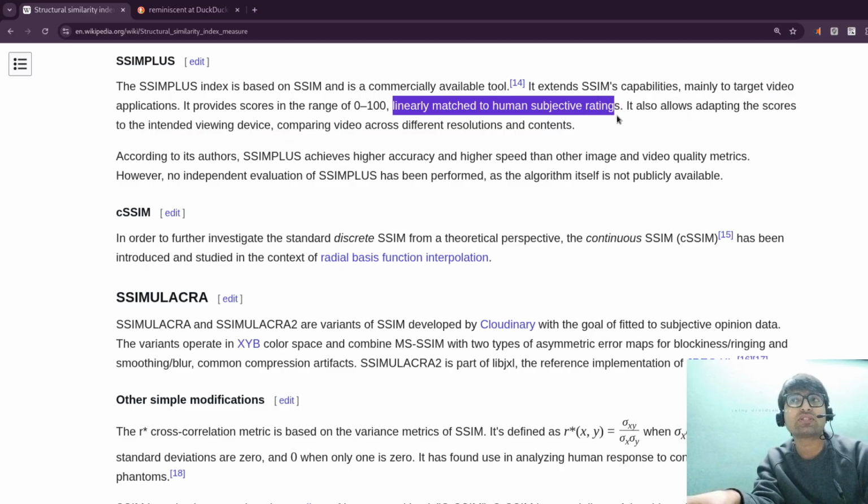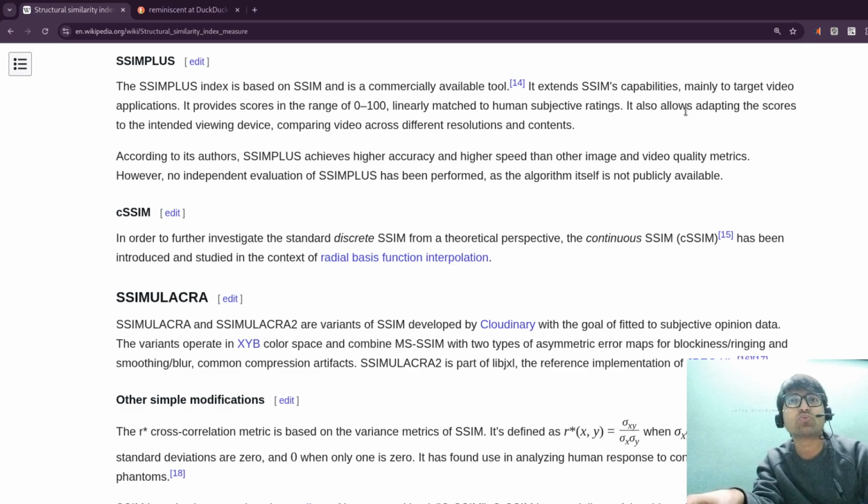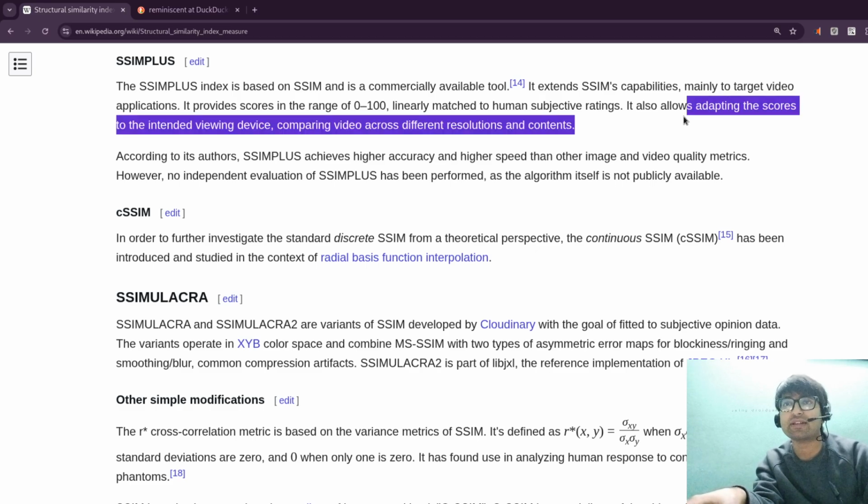It also allows adapting the scores to the intended viewing devices, comparing video across different resolutions and contents. According to the authors, SSIMPLUS achieves higher accuracy and higher speed than other image and video quality metrics. However, no independent evaluation of the SSIMPLUS has been performed, as the algorithm itself is not publicly available.